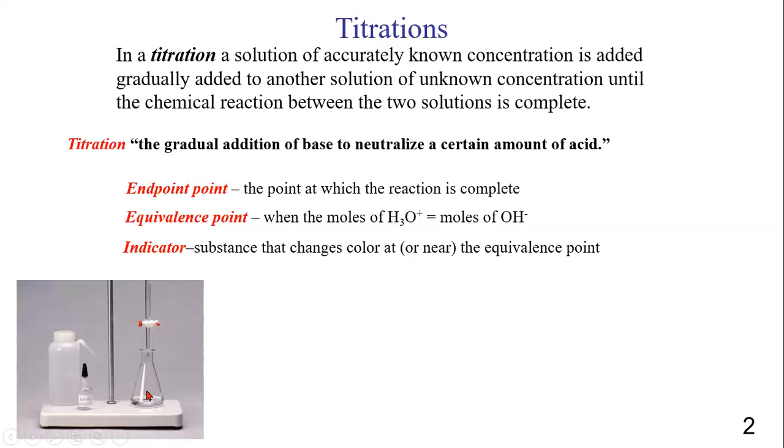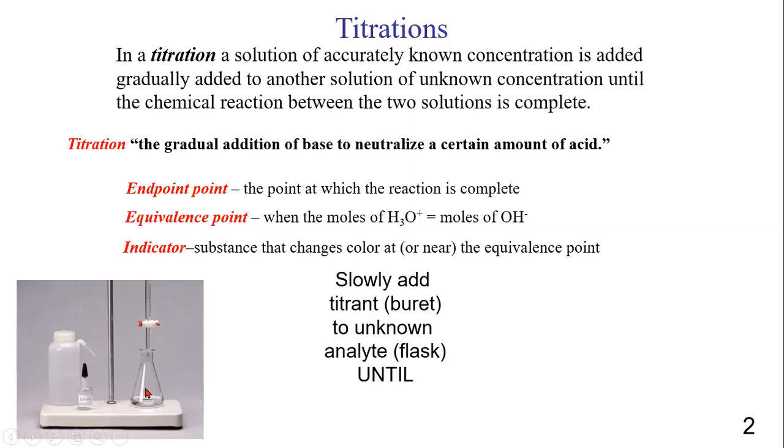And then here you have an Erlenmeyer flask, in which you usually have your unknown. Now we start adding what is called the titrant from the burette, that is the known material, to the unknown, which is also called the analyte, which is usually in my flask or Erlenmeyer flask.